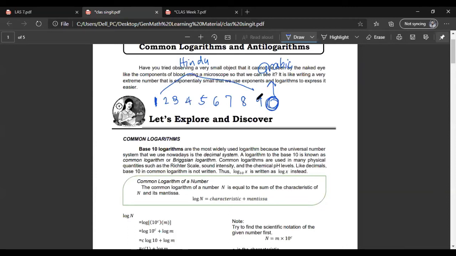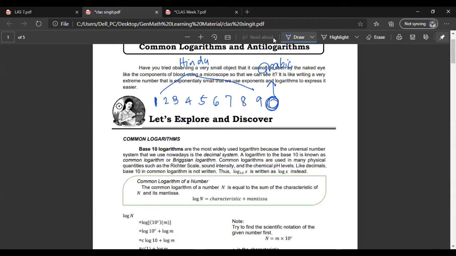So pero may 0 pa rin. Okay? Ngayon, after 9, ano ang digit after 9? Sige nga.